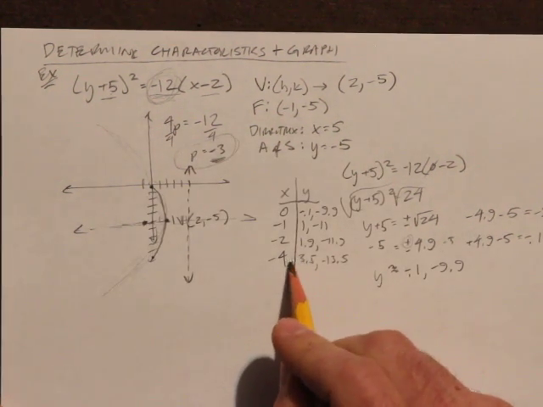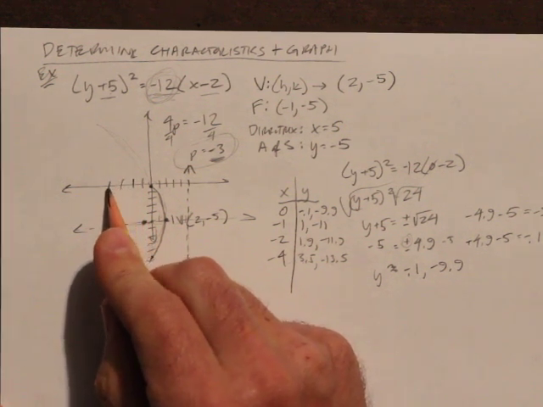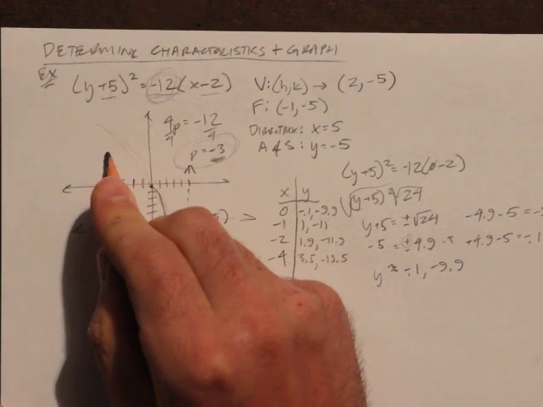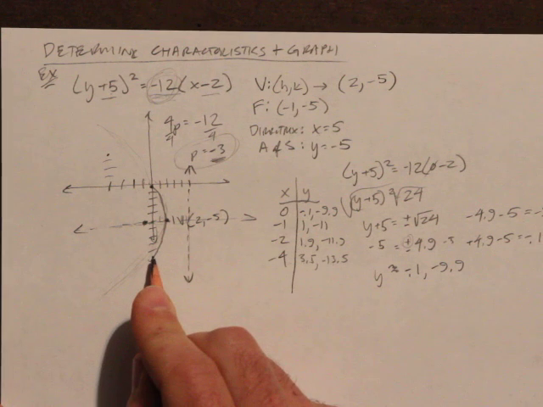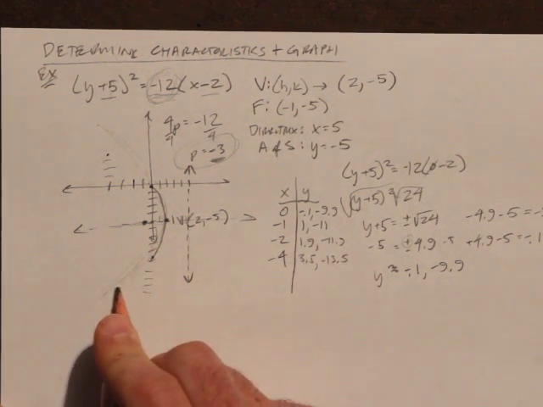I'm going to do this negative 4 here. Negative 4, 1, 2, 3, 4. 3.5, 1, 2, 3 and a half, and negative 13.5, 10, 11, 12, 13.5, there.